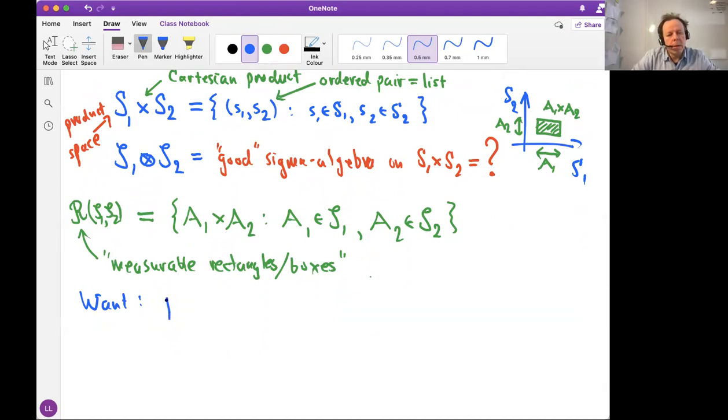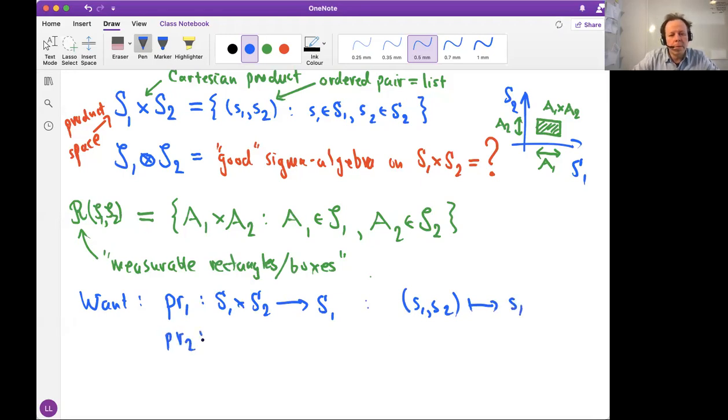So we can define a projection one to be the function which maps to S1, such that whenever we have a point in the product space, this point is mapped to the first coordinate. And similarly, we define the second coordinate map, which is a map to the space S2, and that maps every point in the product space to the second coordinate.